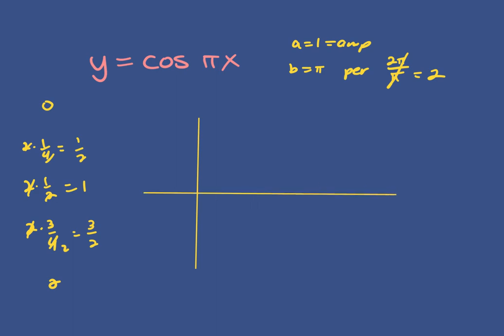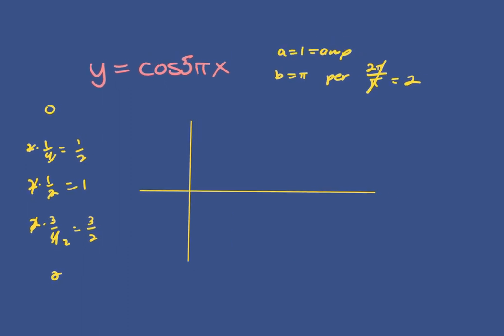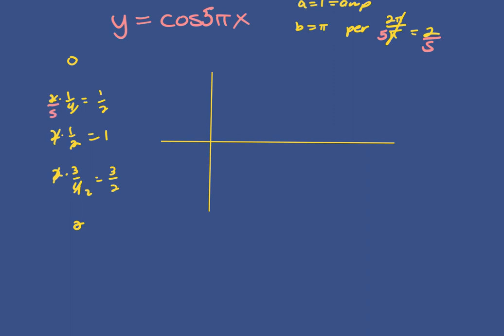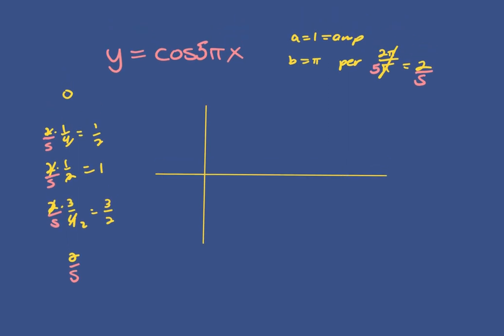It's cosine 5 pi. Oh, 5 pi? Is that what you said? Yeah. Okay. So then it's 2/5. So then this is 1/10.